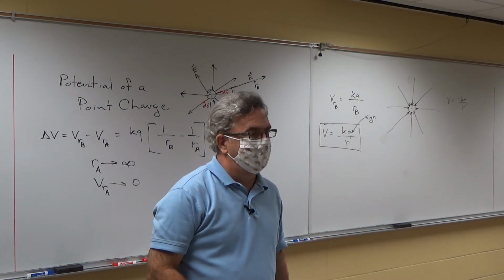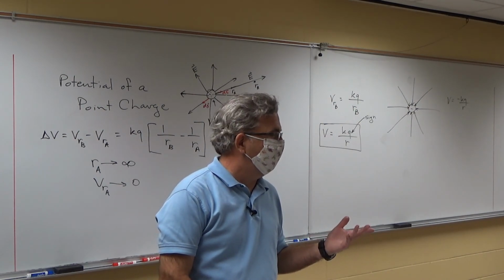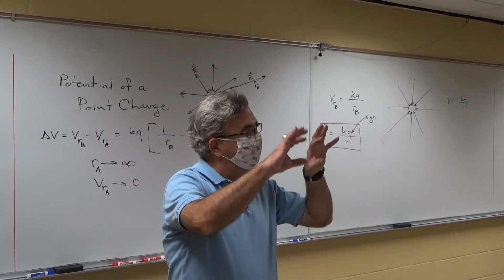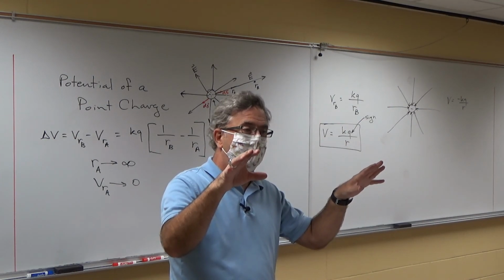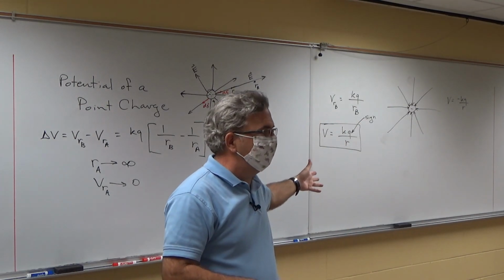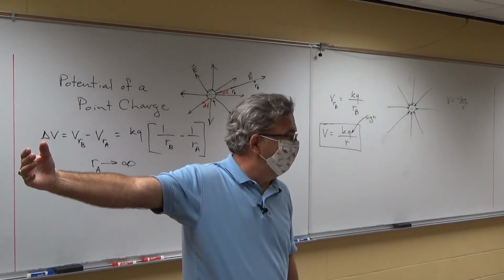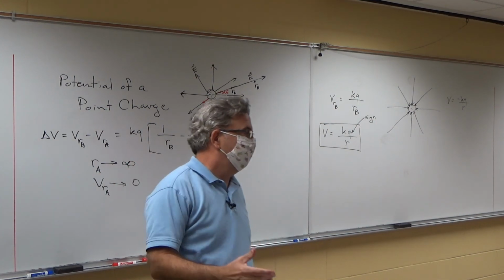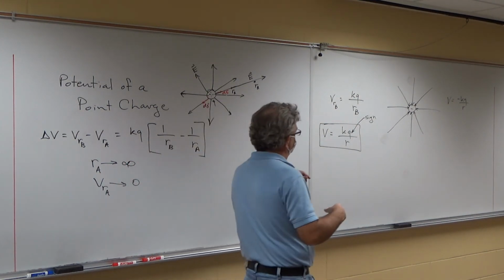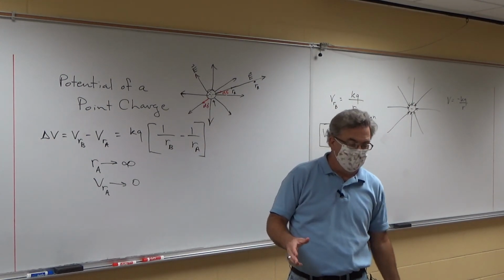So we're going to see how to calculate these potentials just like we did with the electric field. We looked at the field due to a distribution of charges. We'll look at the potential due to a distribution of charges with everyone agreeing that 0 is out at infinity. Then we'll see how to do continuous distributions of charge based on this idea of the potential due to a point charge.